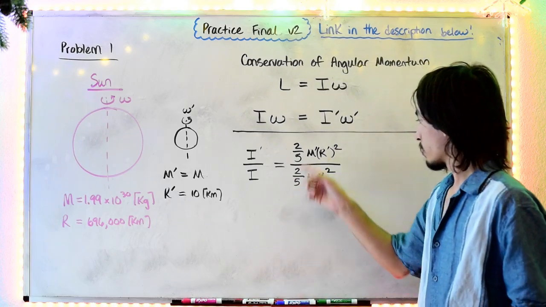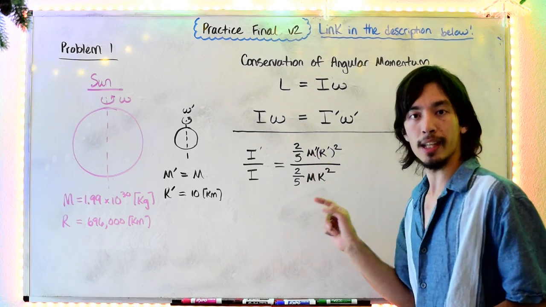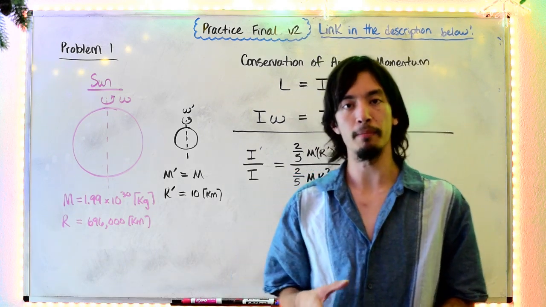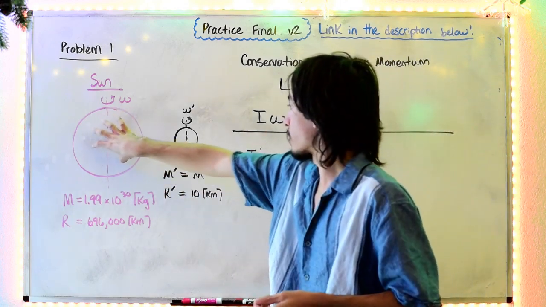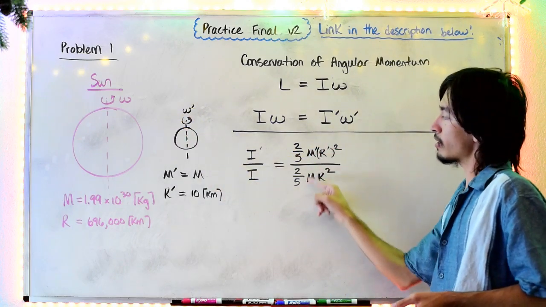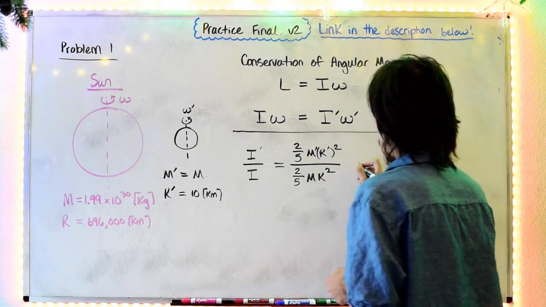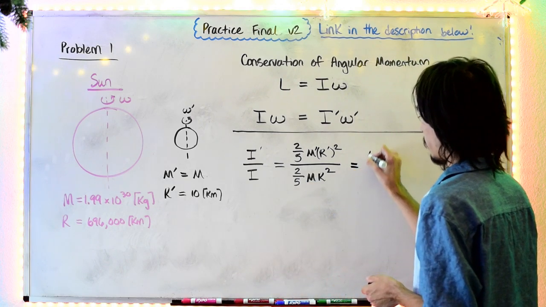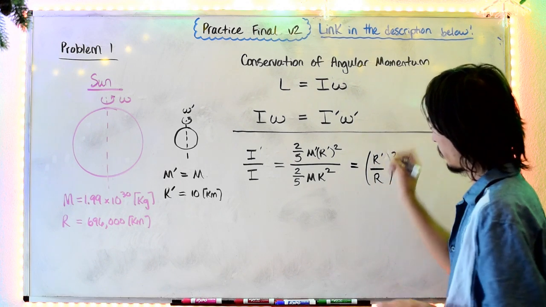So for instance, 2/5 doesn't even matter there. The masses are actually the same in this case because we're assuming in this problem that the mass is conserved or does not leave the system. So the mass of the sun is the same as the mass of the neutron star, so they just cancel out. Now, the radii are different, so that's all that's left. So we have r prime over r, squared.